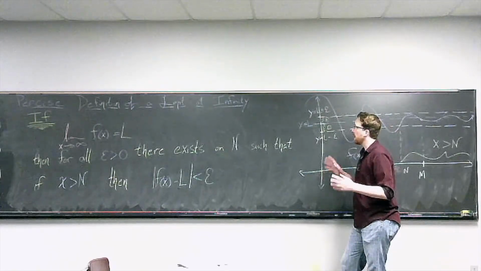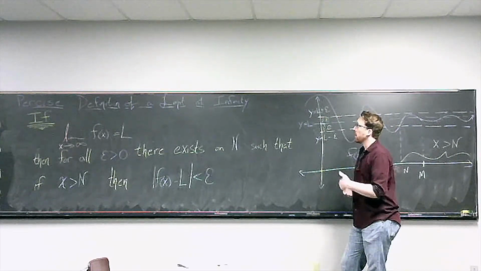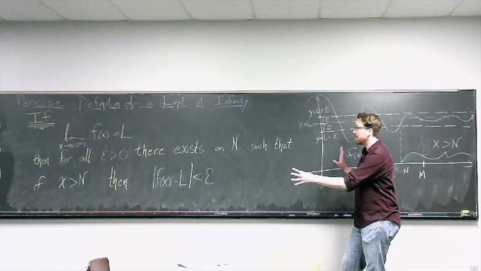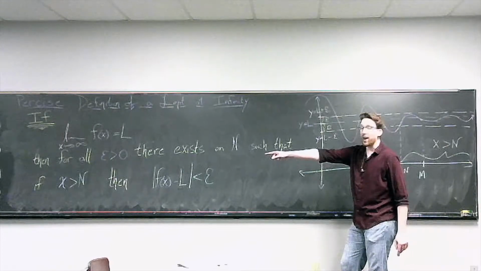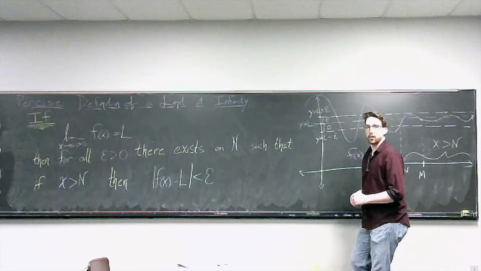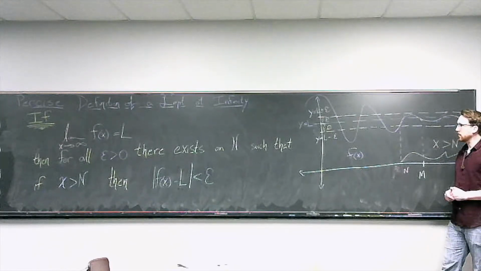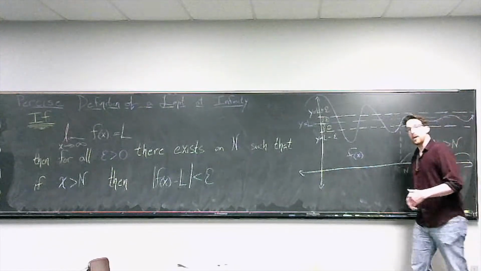That said, I should note here that the limit at negative infinity is almost the exact same, except it's for x less than n, because then it would be moving in the opposite direction, right? So having said that, I'm going to end the lecture here.